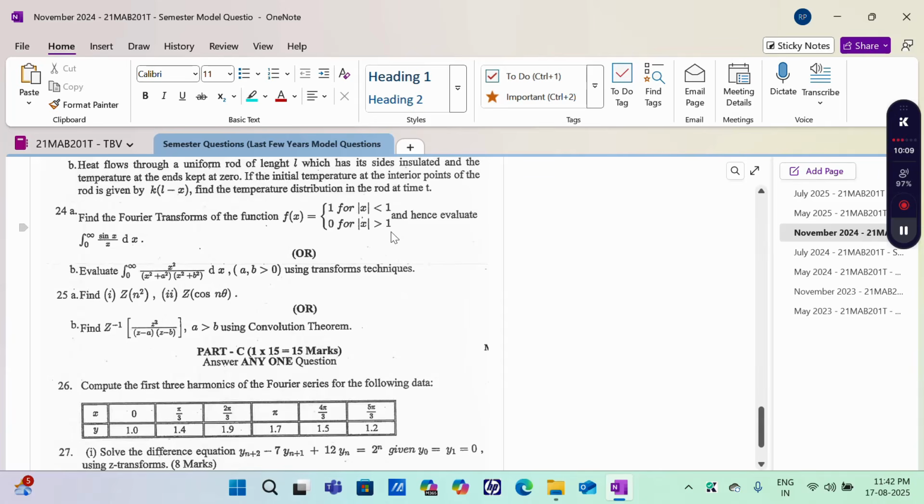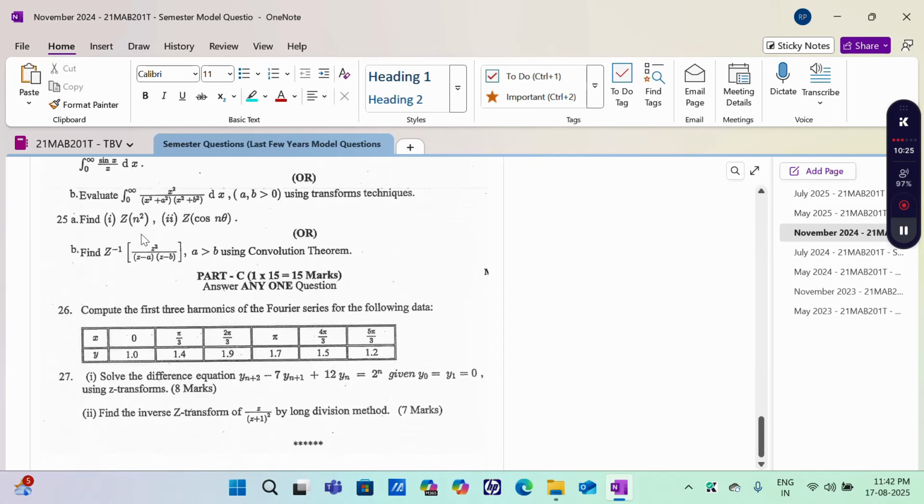Now the question is to find the Fourier transform and evaluate some integration, inverse Fourier transform is possible, using the transform technique, so a Fourier transform problem. And 25a is the Z transform of some function, and our choice is the inverse transform using the convolution theorem.